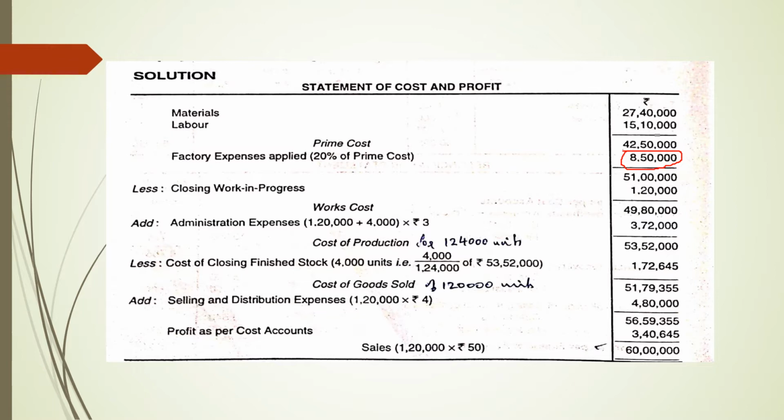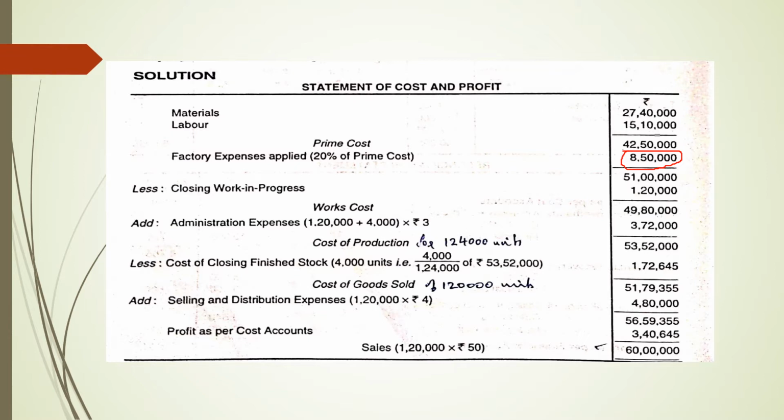Before going to the total work cost, we note whether there is any detail regarding opening or closing work in progress mentioned in the question or the financial statement. On the right hand side of the financial statement, the closing work in progress or finished stock at the end, 4,000 units, is clearly mentioned.